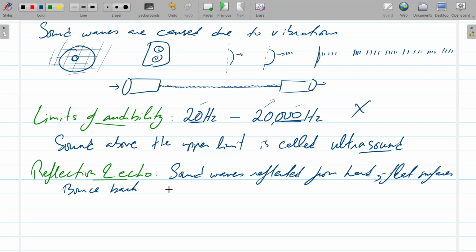When sound is reflected back, you can hear it again, and that's what an echo is, right? So an echo is the reflection of a sound wave.